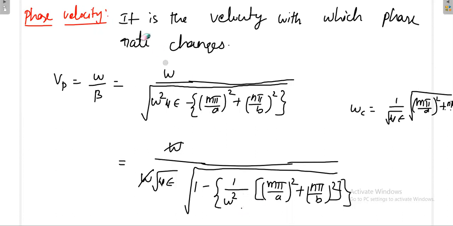Yes, simply this is mu epsilon only. Okay, omega square mu epsilon. If you neglect this omega square and concentrate on this part, that is equal to omega c square. So I can replace this term with omega c square.